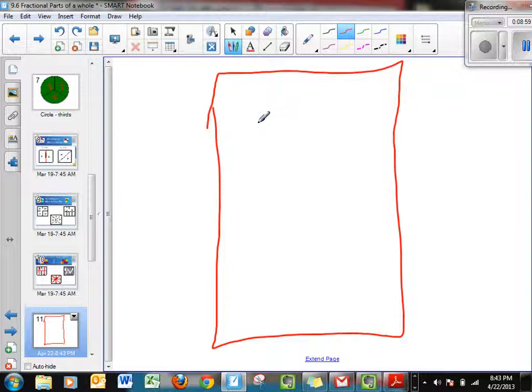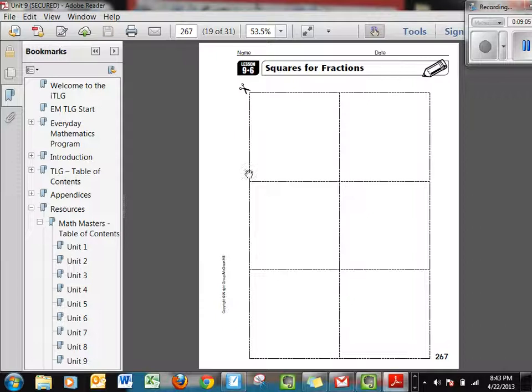So this is your worksheet, and I have 1/4 written right here. What you will do is you'll take and cut out this square, one square, and then you'll divide it into fourths by just drawing lines. You're not actually going to cut the square into pieces.